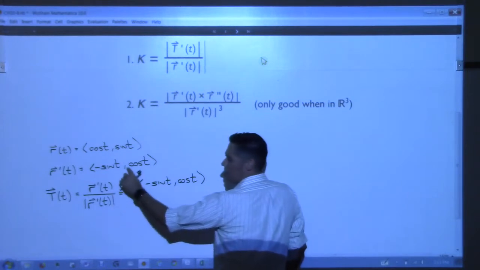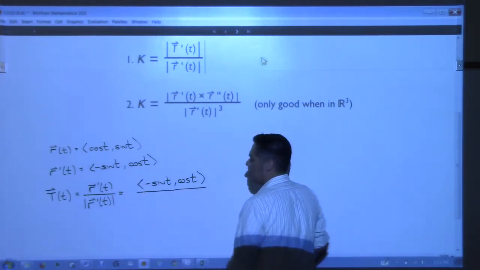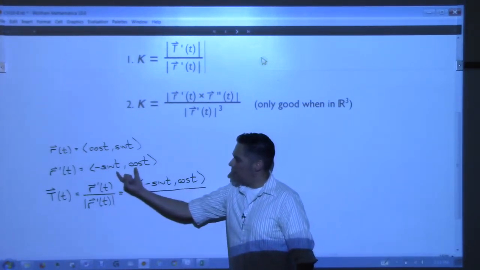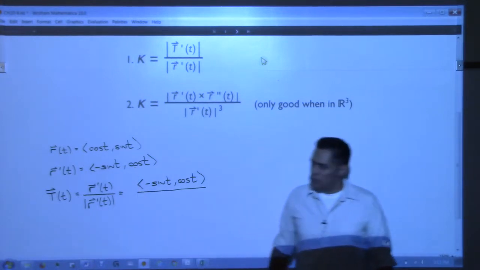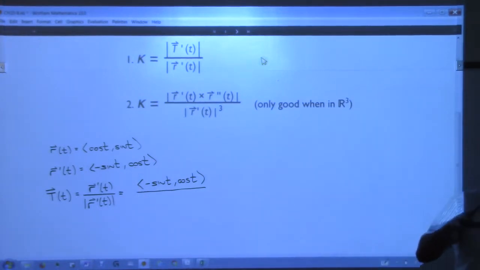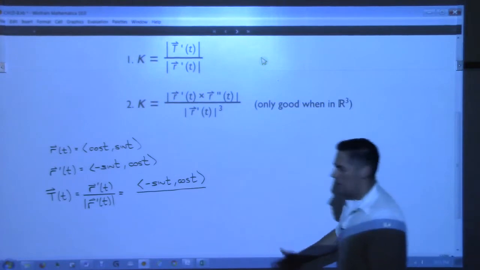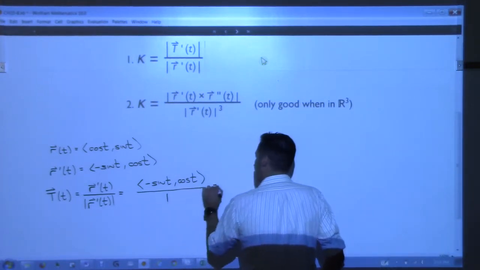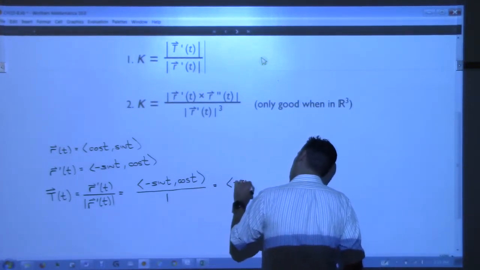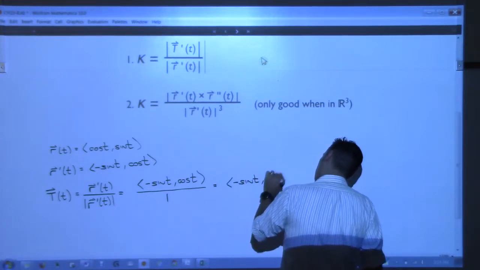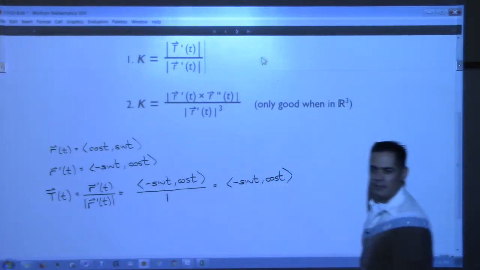That's r prime of t, right? Over, what's the length of this thing? Square root of that square plus that square, Pythagorean identity again? You're going to get 1. So this is just negative sine t, cosine t. Are you with me?